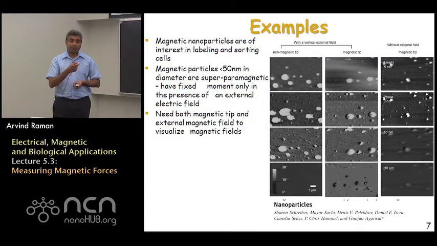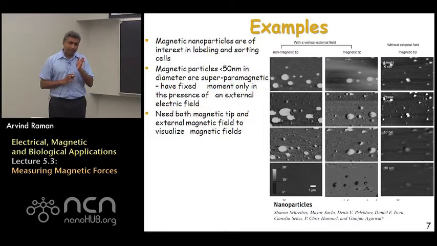At room temperature, they don't have a fixed moment anymore, and they flip back and forth. And in order to get a fixed magnetic moment out of these particles, one needs to apply an external field, either vertical or horizontal, depending on the configuration of the system. And it's only after one does that that one can hope to get a signal in the MFM image.